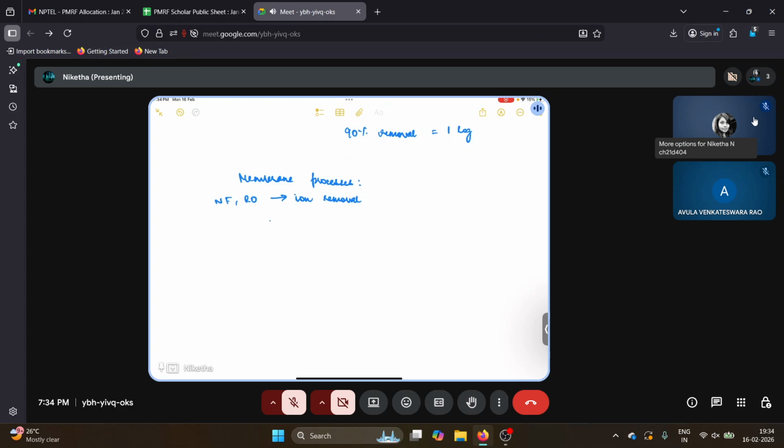And then there is some terminology related to membrane processes. First one is permeate. Permeate is the solution or the liquid which is passing through the membrane. And this is the retentate. Retentate is the liquid which is retained.